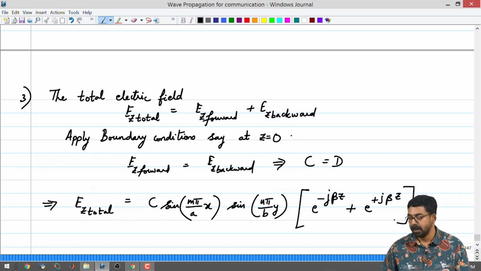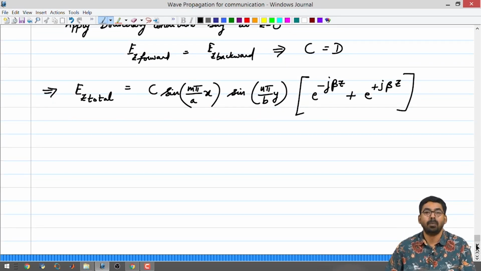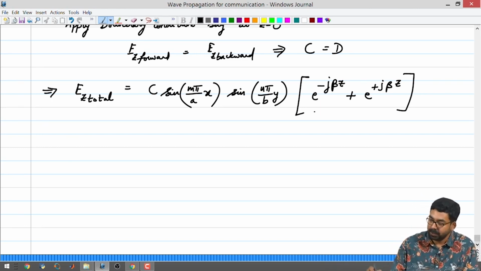So, you have some summation of two complex exponentials coming into the picture for the total electric field expression. Once again you can apply some trigonometric rules for reducing the complex exponentials on the right side.